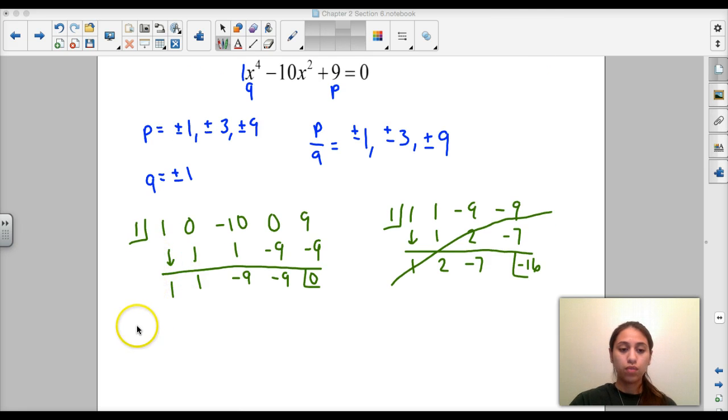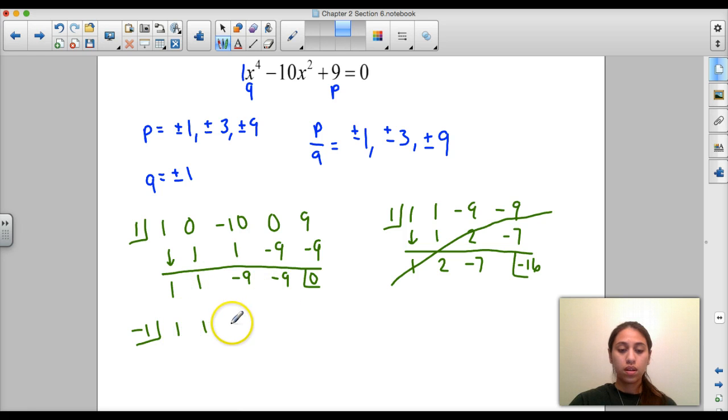We're going to test negative 1 and use these values: 1, 1, negative 9, and negative 9. Bring down our 1. 1 times negative 1 is negative 1. Add these together, we get 0. Times negative 1 is 0. Add these, we get negative 9. Negative 9 times negative 1 is positive 9. So again, we get 0.